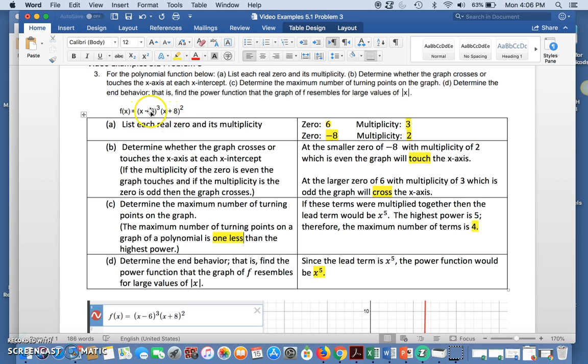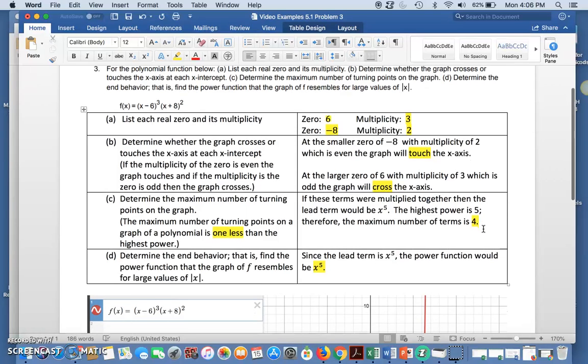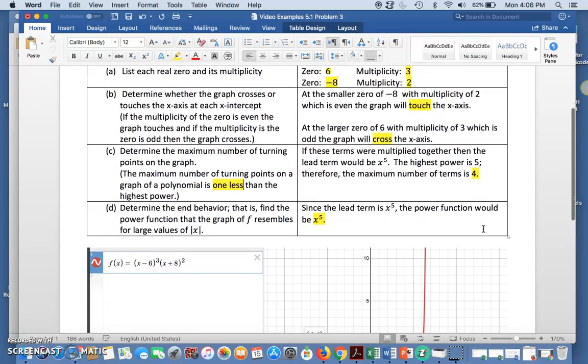And x cubed times x squared, you add the exponents, you get x to the 5th. The lead term would be x to the 5th, so the highest power is 5. One less would be 4. The maximum number of turning points possible is 4. Doesn't mean it has to have that many, but that's the maximum it could have.